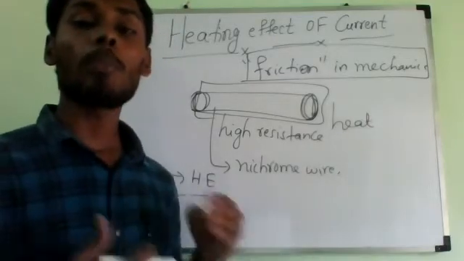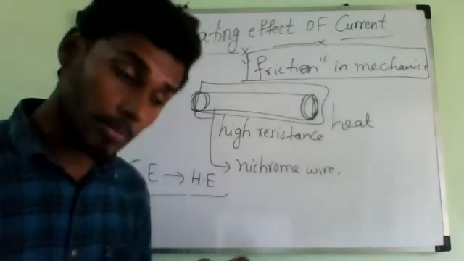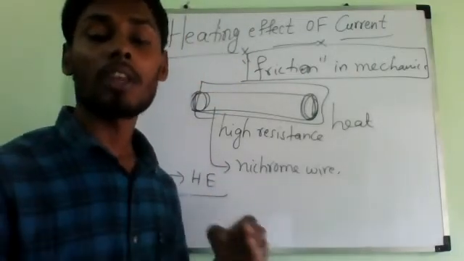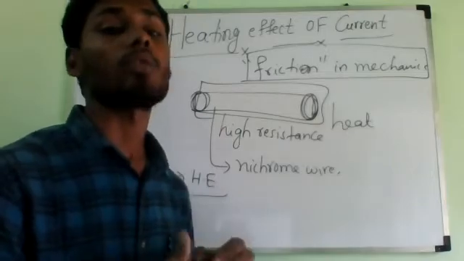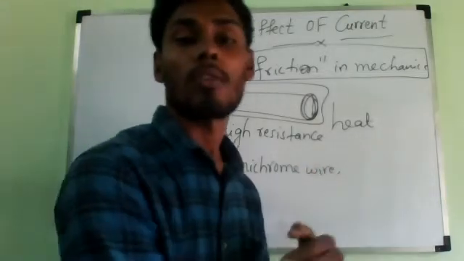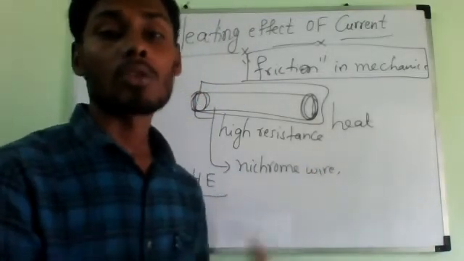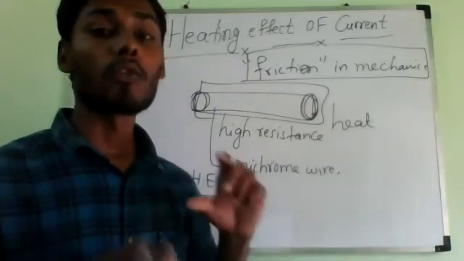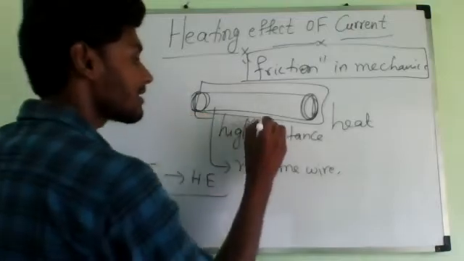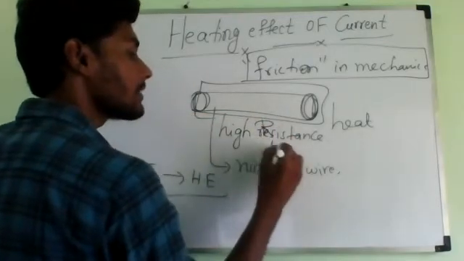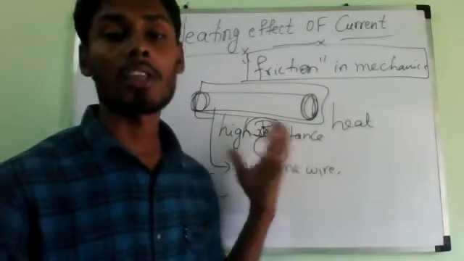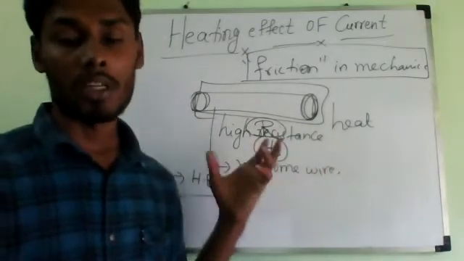Somebody is opposing this flow of current, but it wants to move forward, so definitely some work will be done by the current continuously to keep moving forward. Now we will calculate the work done by the current when it flows through a resistance R for time t. For a time period t in a resistance R, how much work is done by the current, we will see.